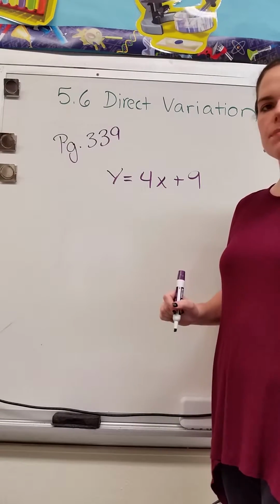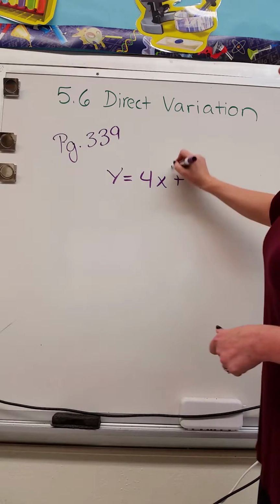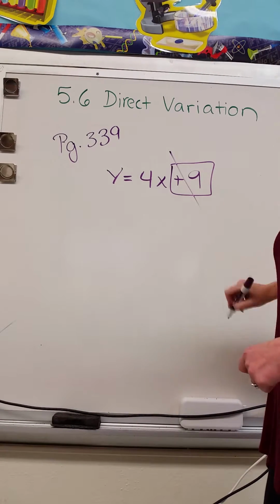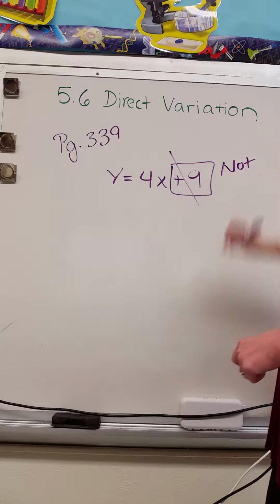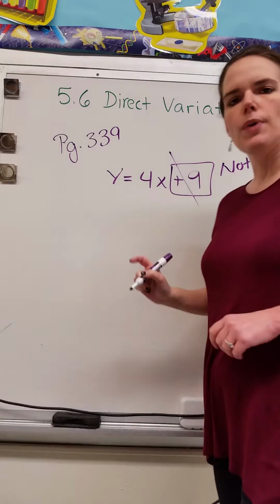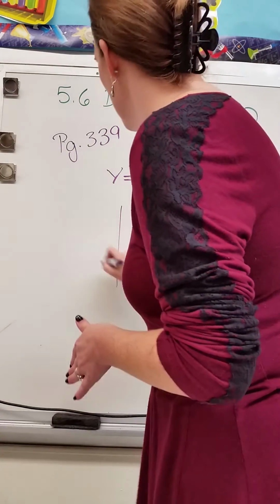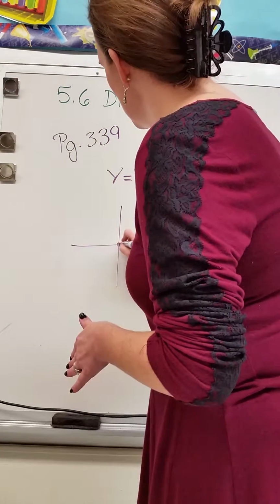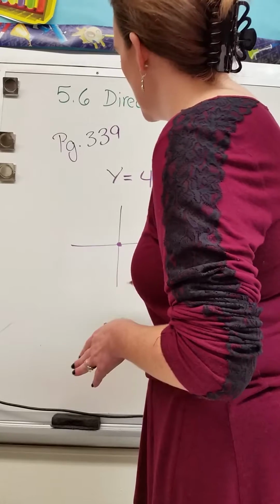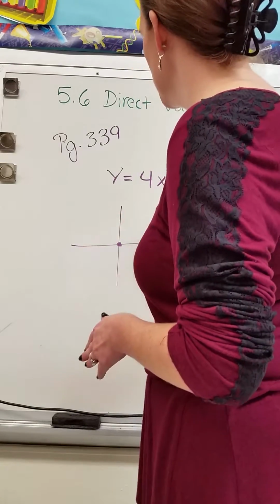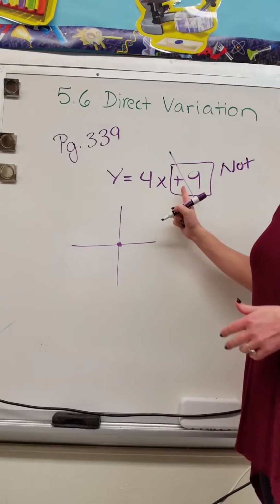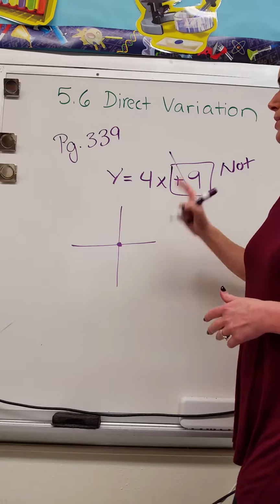And quite simply, the answer is no, because of this plus 9. This is not a direct variation. Direct variations are always going to cross through the point 0, 0, no matter how your slope goes. You can't have this added on number.